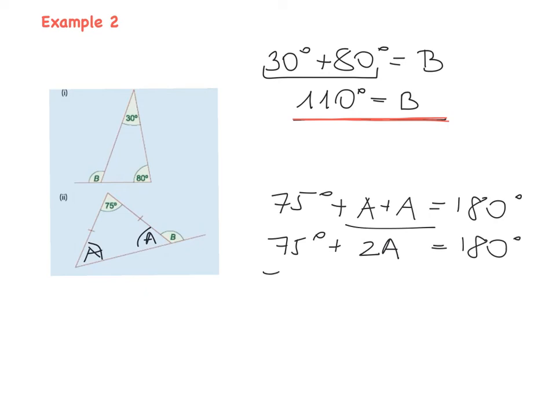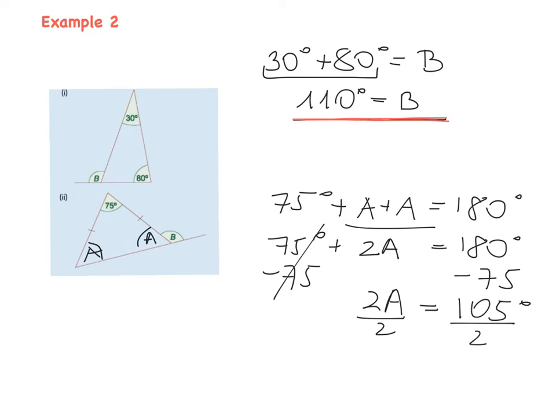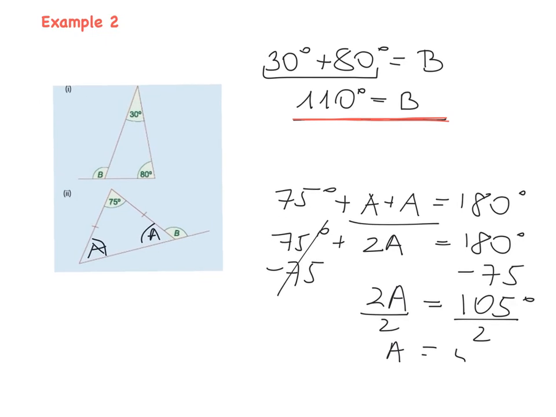Then we need to get rid of 75. Again, algebra: whatever you do on the left side, you need to do the same on the right side. Cancel out. So we have 2A equals 105 degrees. And now what to do? Divide by 2, divide by 2. So A is 52.5 degrees.